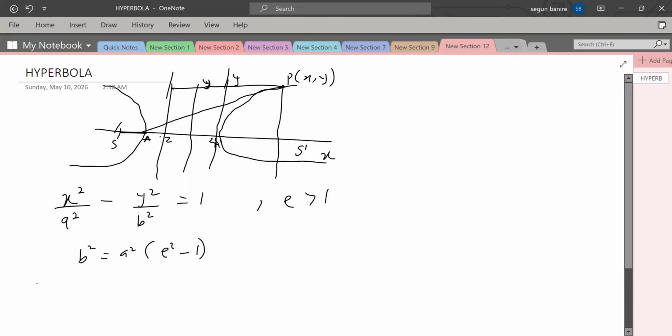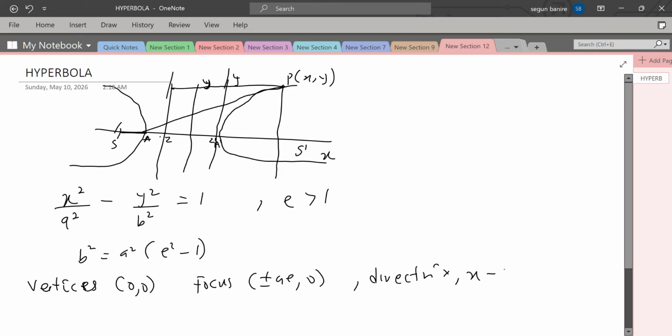Okay, so one more thing. The vertex for this equation is at the origin. The focus remains the same. The focus is plus or minus ae comma 0, and then your directrix also remains the same, which is x equals plus or minus a over e. Okay, so your latus rectum also remains the same.